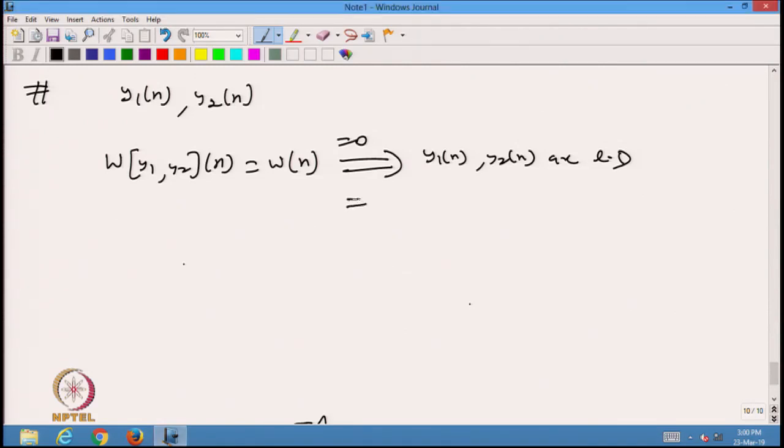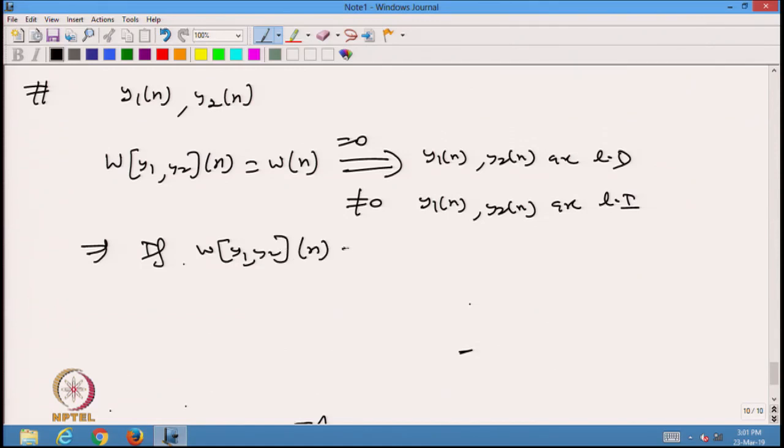And if this is not equal to 0, in that case y1(x) and y2(x) are linearly independent. One more observation I want to add: if my Wronskian of y1 and y2 is equal to 0, in that case the functions y1 and y2 are multiples of one another.